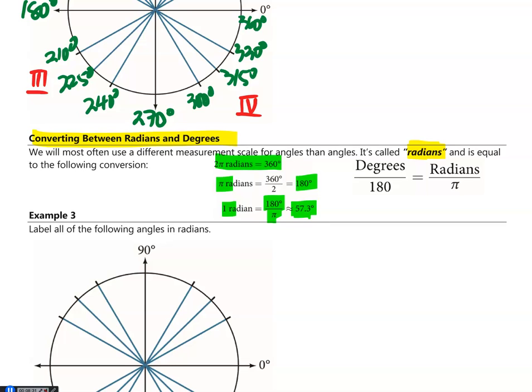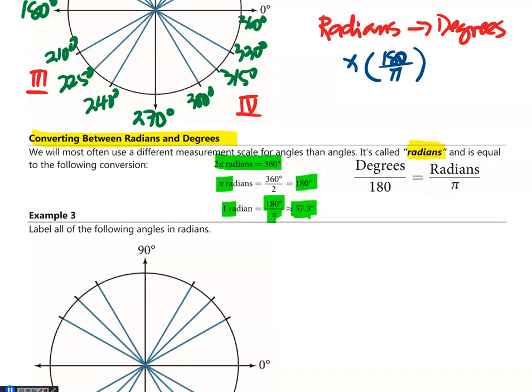So to convert from radians to degrees, whatever that radian is, so let's say x, we just have to multiply this by 180 over pi.